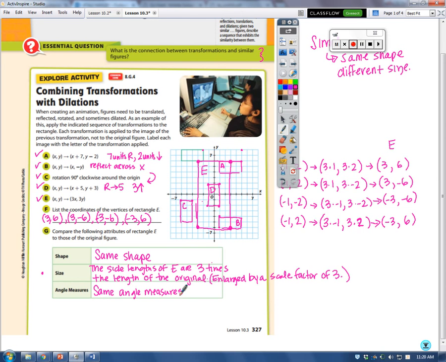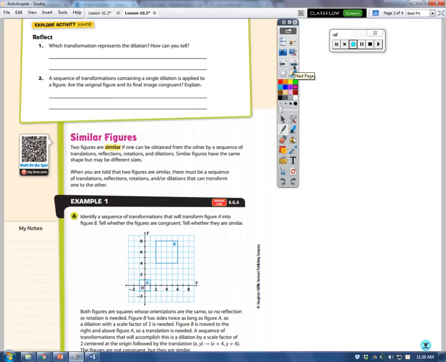Okay, so let's go ahead and see what they want us to do with that information on these reflect questions. So reflecting on that explore activity, which transformation represents dilation, and how can you tell? Well, we know that the algebraic representation of dilation is when we multiply our coordinates by our scale factor. So the one that had x and y to 3 times x and 3 times y is going to be our dilation, because this is the algebraic form of dilation.